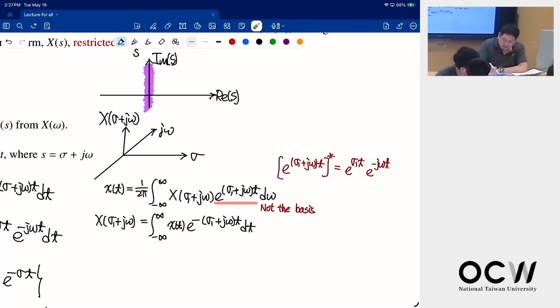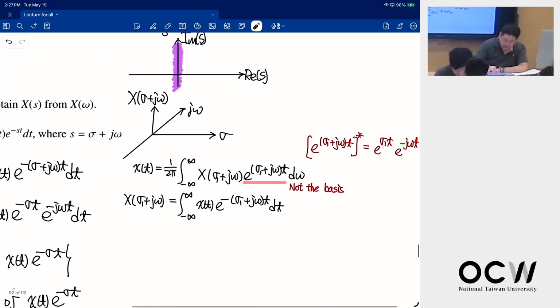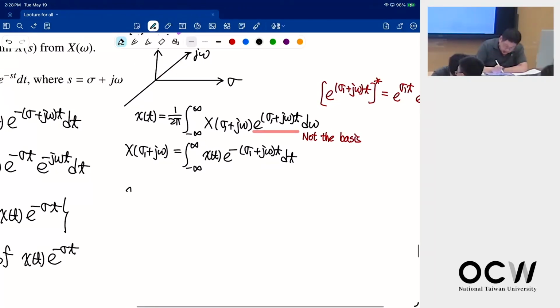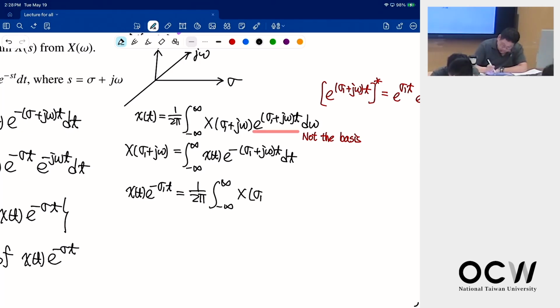But we say that the Laplace transform is the generalization of the Fourier transform. So if I get rid of e to the sigma 1 t, put it on the left hand side, x of t times e to the minus sigma 1 t is 1 over 2 pi integral of X of sigma 1 plus j omega times e to the j omega t d omega.